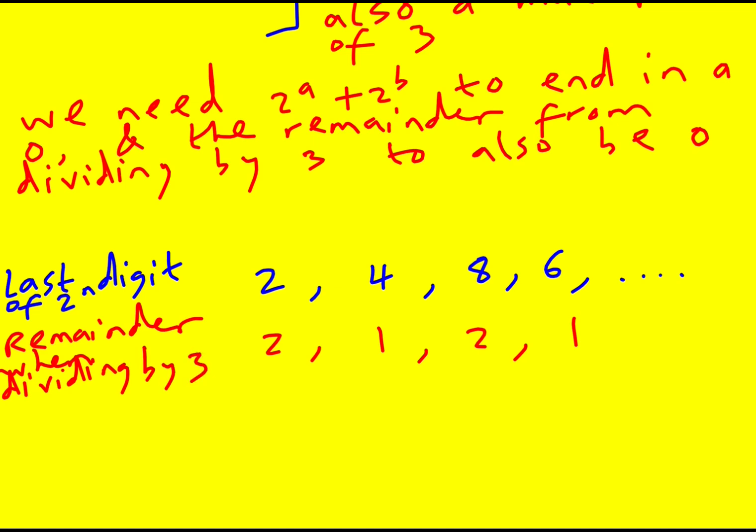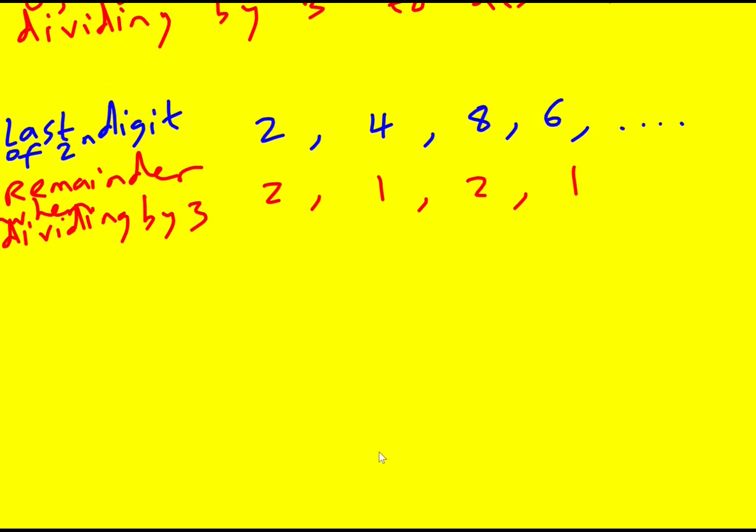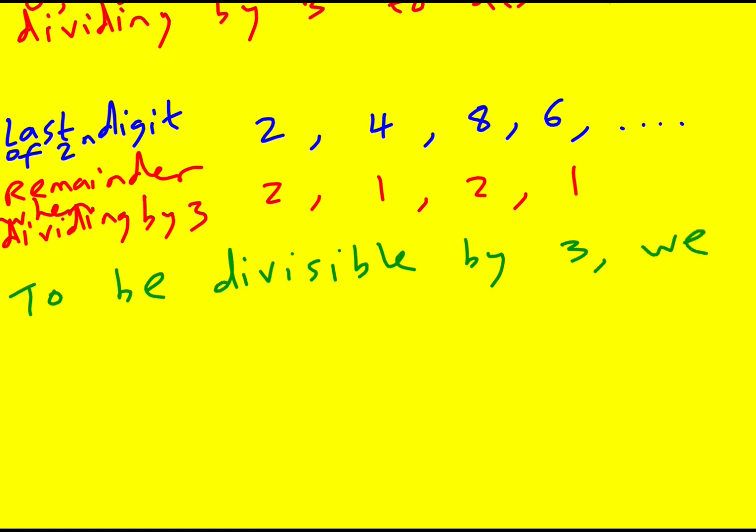Okay, and this is actually the crucial bit of information. So, to be divisible by 3, I'm going to focus on that one to start with. We require A and B to be one after each other, or an odd number away.